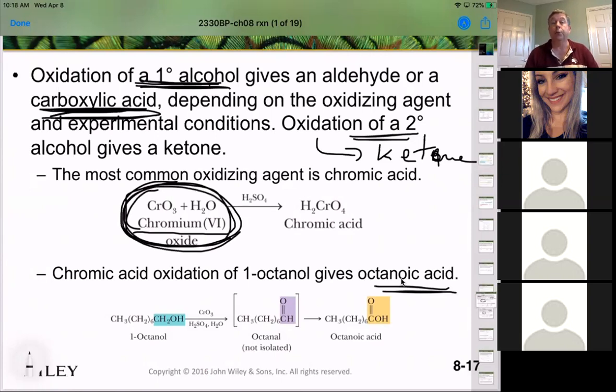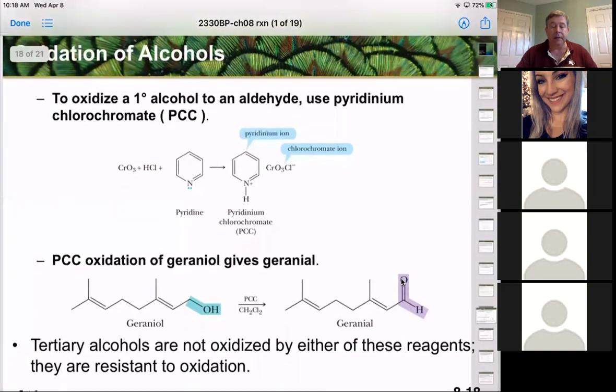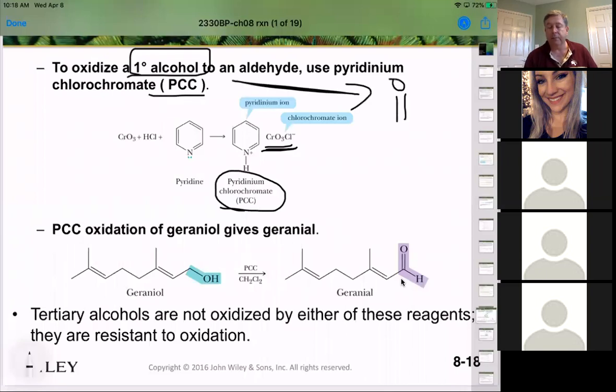To stop that oxidation at the halfway point, what we have to do is make it a less strong oxidizer. And the way we make it a less strong oxidizer is we turn it into this chlorochromate ion right here. So the only reagent we have that'll stop the over-oxidation is PCC. So now the conditions are primary alcohol and PCC will give us an aldehyde, okay?